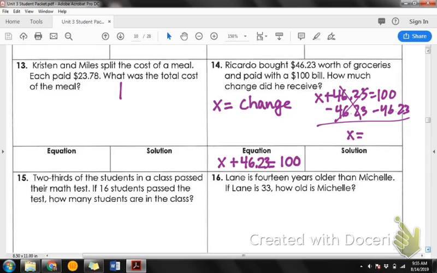Okay, let's do some math over here. $53.77.